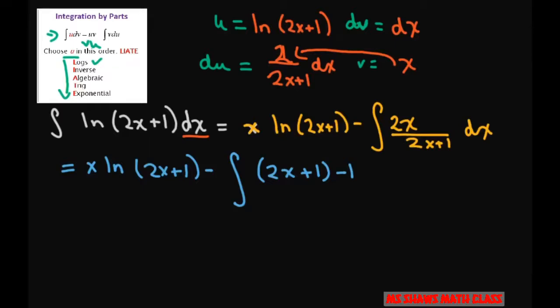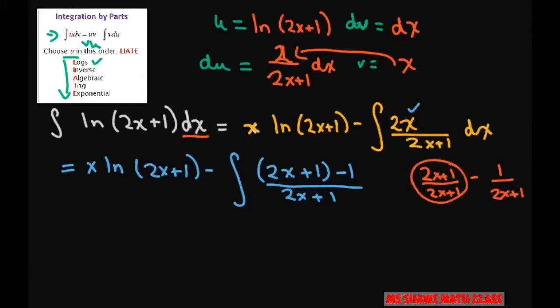So we still have our 2x here, and then divide that by 2x plus 1. Now if I write this out, you get 2x plus 1 divided by 2x plus 1, minus 1 divided by 2x plus 1. And this equals 1. It's a little trick.